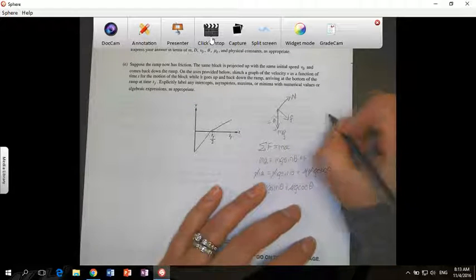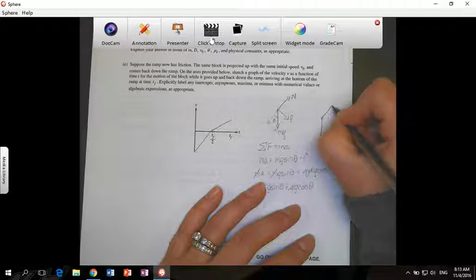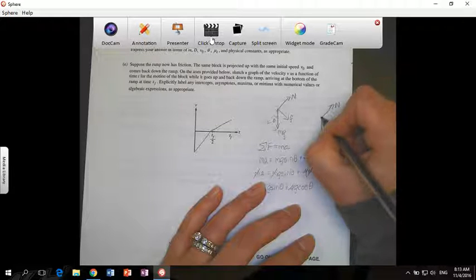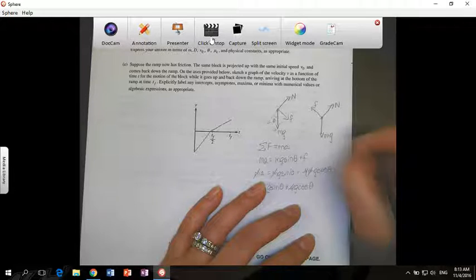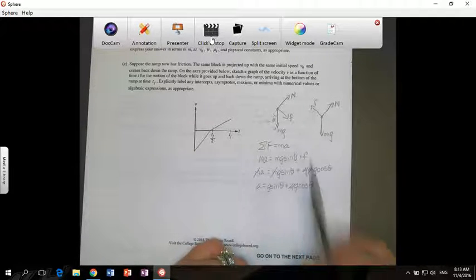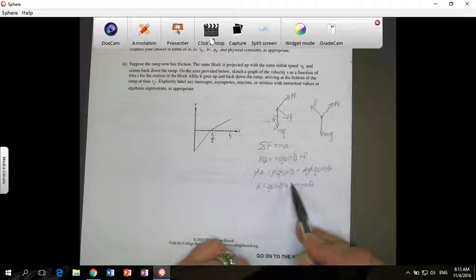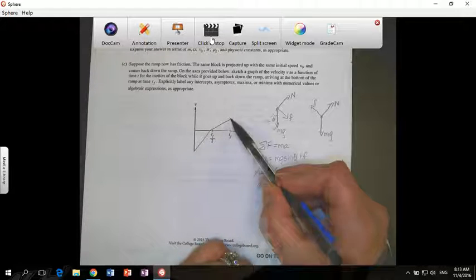But on the way back down the ramp, we've got that component of gravity, still the normal force, and this time friction is going to be heading in the opposite direction of the parallel component of gravity. So on the way back down, this would turn to a minus sign. So the acceleration is actually less on the way back down. So that's why you see this slope being shallower than that slope.